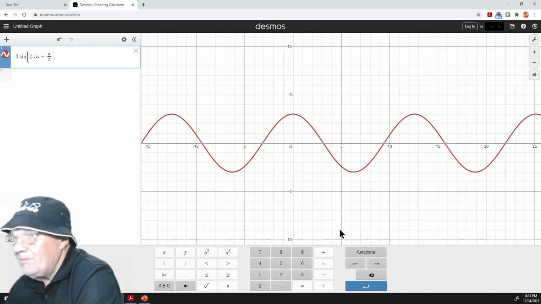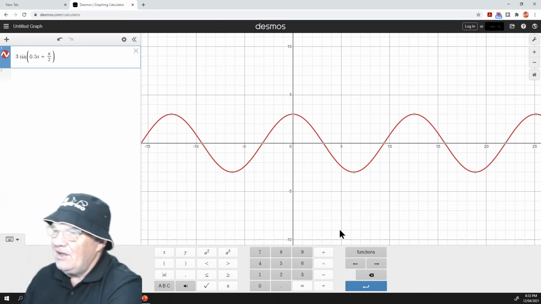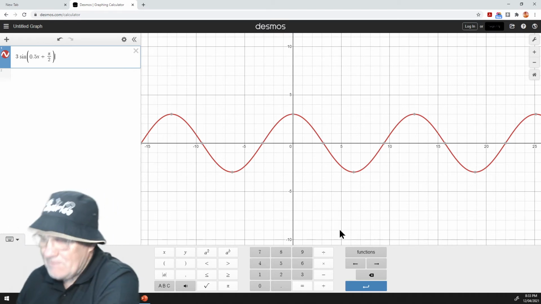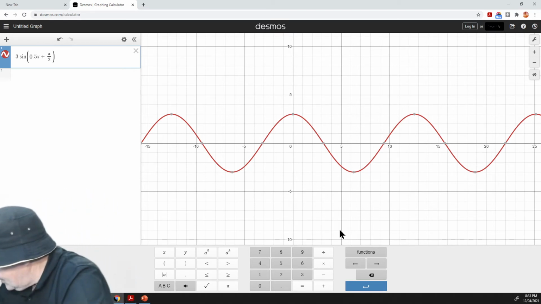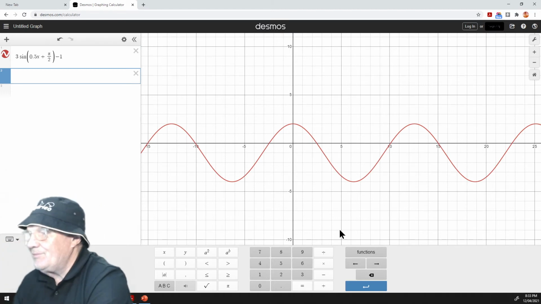And then it's minus 1. I think we had minus 1, and that's our graph there.